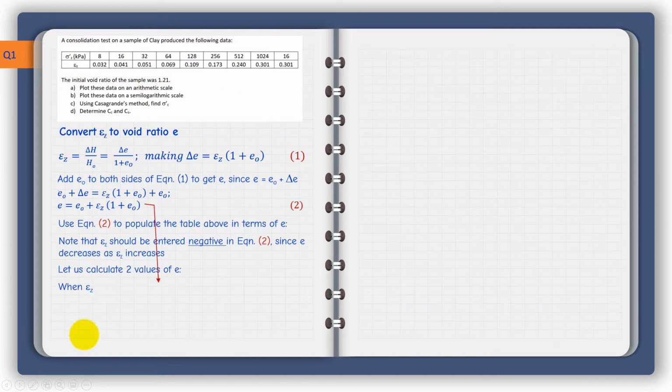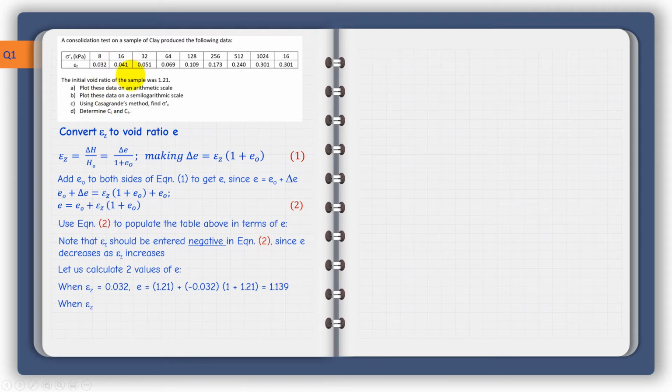Now let us try to get two values for the table above, and then we continue. So we bring here this equation 2 for epsilon Z equals 0.032. That's the first value. Substitute in equation 2. You can see here that the vertical strain is input negative, and we have the corresponding void ratio 1.139.